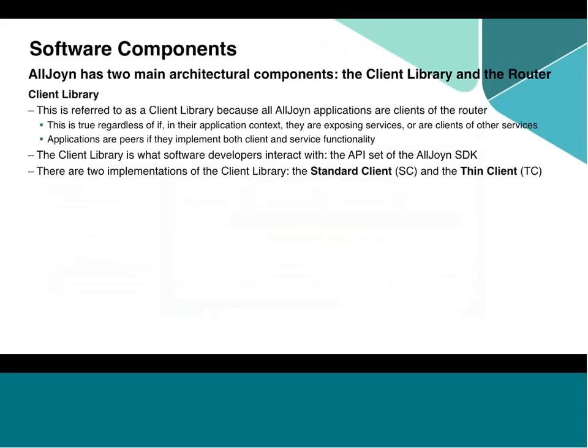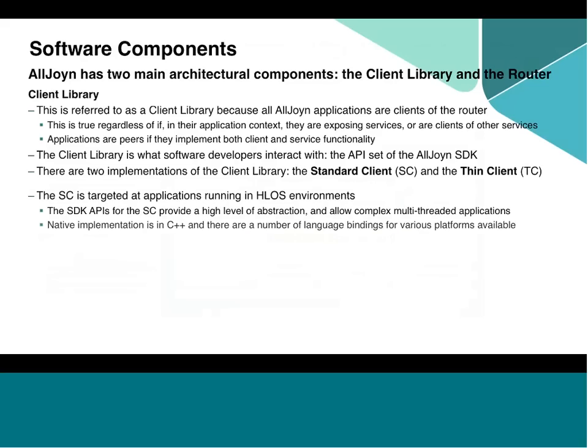So from the software components, we really have a client library, and it's broken into two parts. We have the standard client, which is primarily running on a high-level operating system, like on Android, on iOS, on your Linux machine, your Windows desktop, any of these types of environments that have threading environments and that have multiple ways to program onto the language. So there's multiple language bindings. AllJoyn itself is natively written in C++, but it's extensible so that on Android you could write an application in Dalvik.